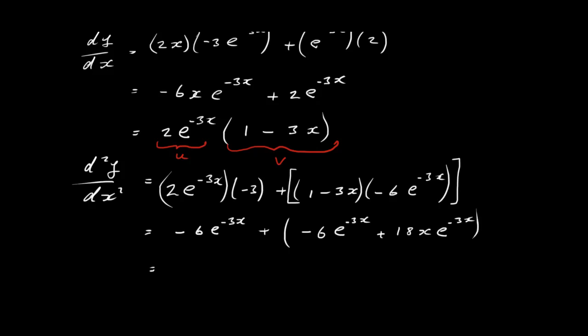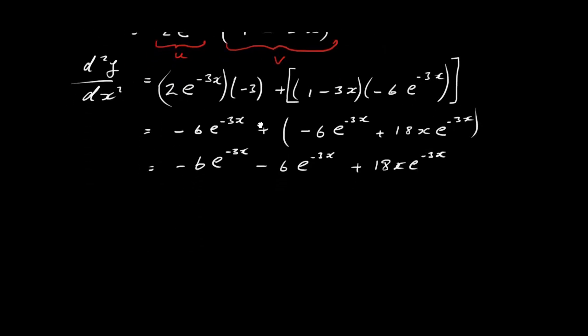Okay, let's just tidy that up a little bit more. Let's see, we've got minus 6 e to the power of minus 3x, minus 6 e to the power of minus 3x, plus 18x e to the power of minus 3x.